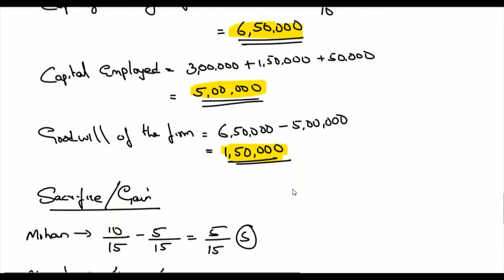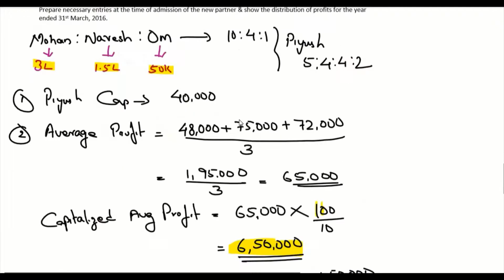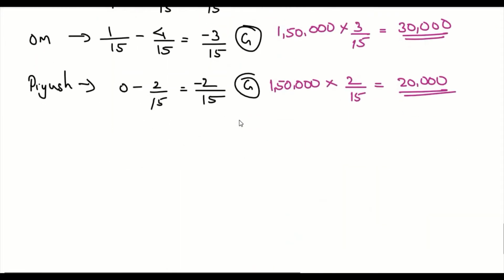Now let's move on to the third part of the question. The question says the new partner is entitled to an annual salary of 7,500 in addition to his share of profit, and then there is a profit guarantee by Om to Piyush of rupees 30,000. So we will calculate that. Third part of the question, there is a salary to Piyush which is 7,500 per annum.